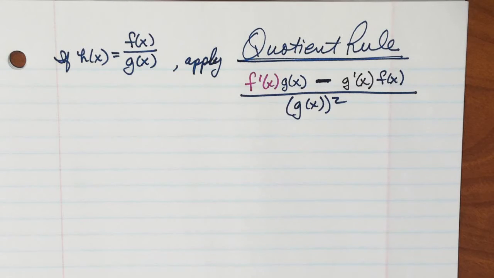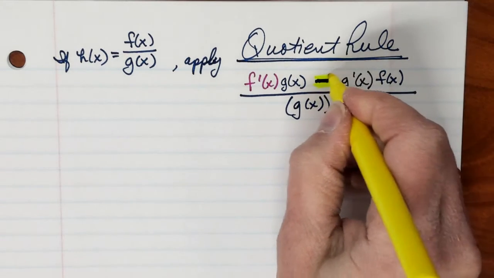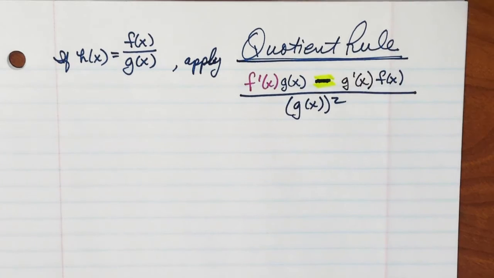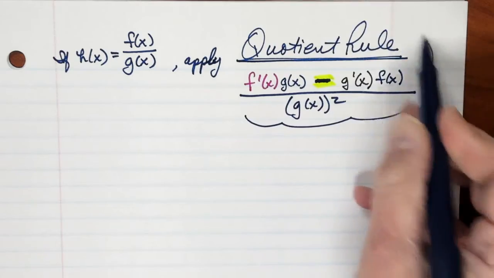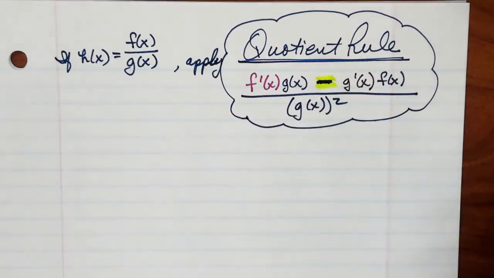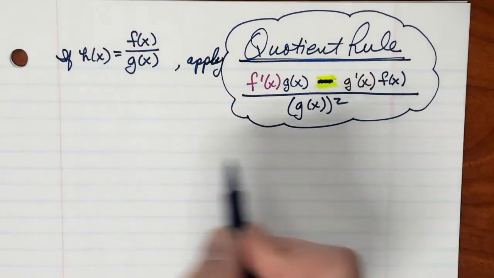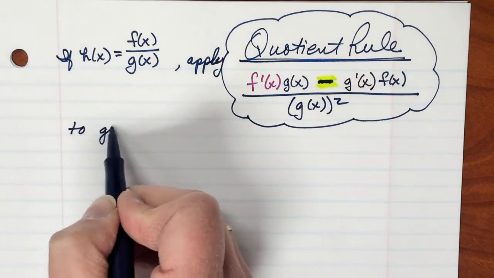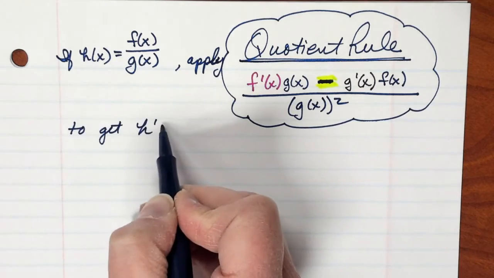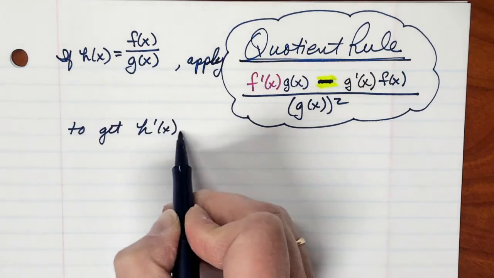So if you remember that the quotient rule has that subtraction sign, that will make it much easier for you to remember. All right, quotient rule. Here we go. And that's used, you apply the quotient rule to get the derivative of h.